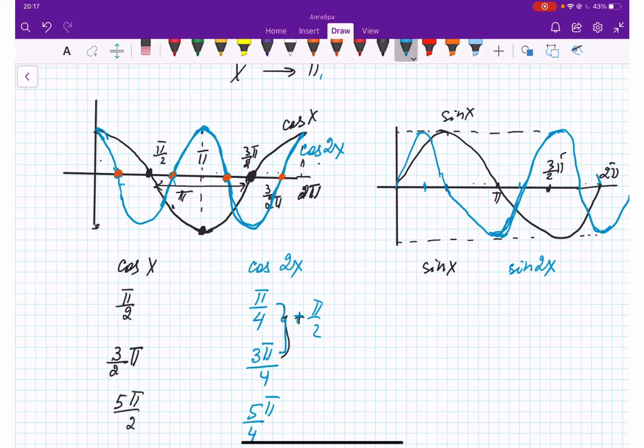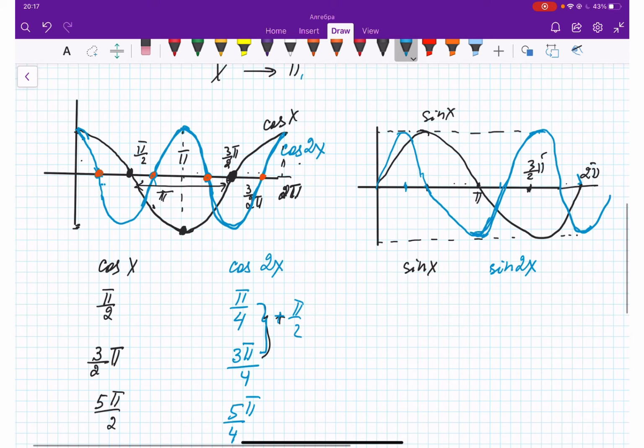So within one period, it's going to fit 2 waves, okay? Because we have sine 2x. That's what the coefficient means, 2 waves. If it would be a half x, that means in the period 2 pi would fit half of the wave, right? Okay, something like this.